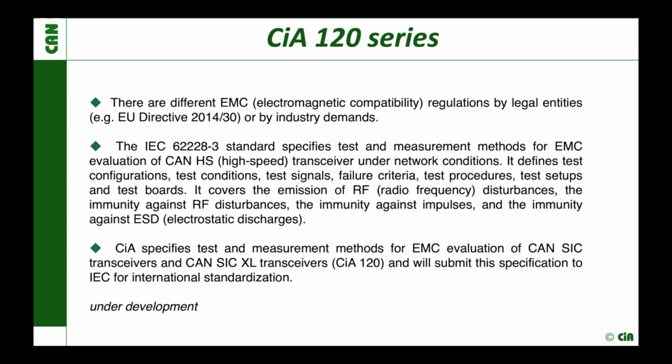The aim of the CiA Special Interest Group EMC is to submit this specification to the IEC, and in the end to integrate the CiA document into the IEC standard. This document will define test configurations, conditions, test signals, test procedures, setups, and other details about the test for the EMC evaluations.